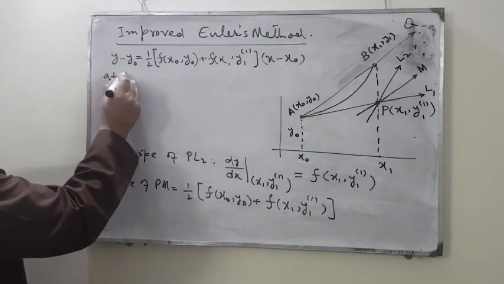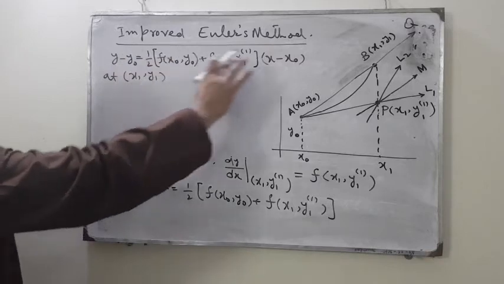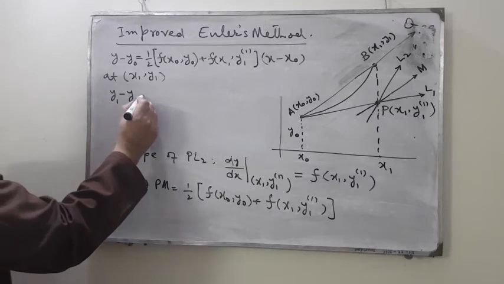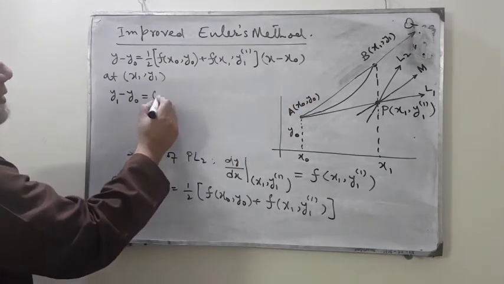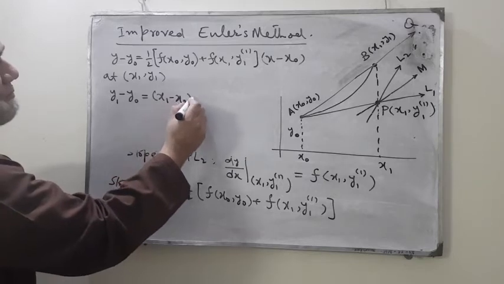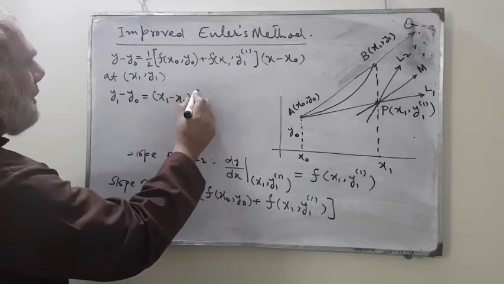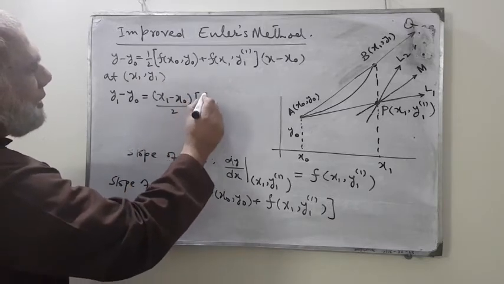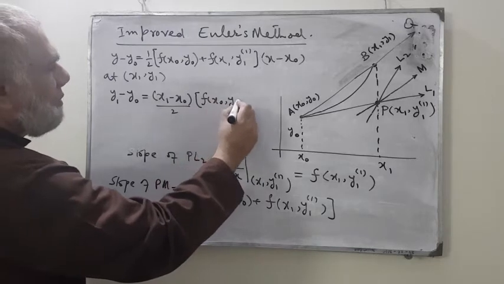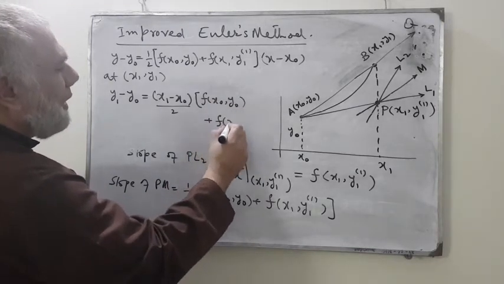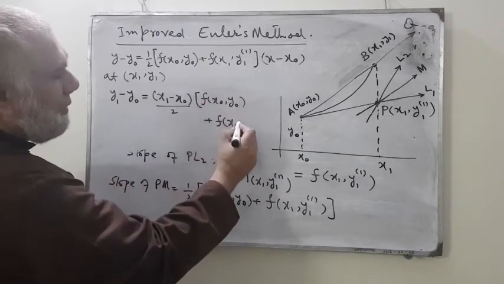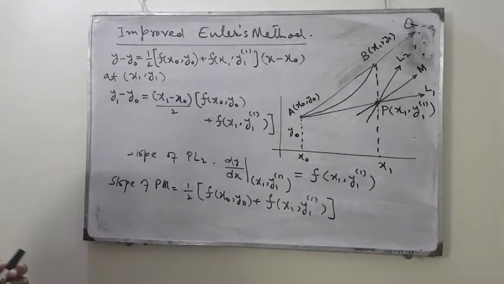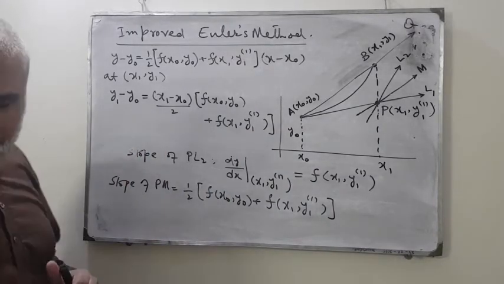So at this point x1 and y1, the equation takes the form y1 minus y0 equals x1 minus x0, and inside this 1/2 is there, I can take it here, and inside this is f of x0, y0 plus f of x1 from here and y1,1 from the other coordinates. So these are the results so far.